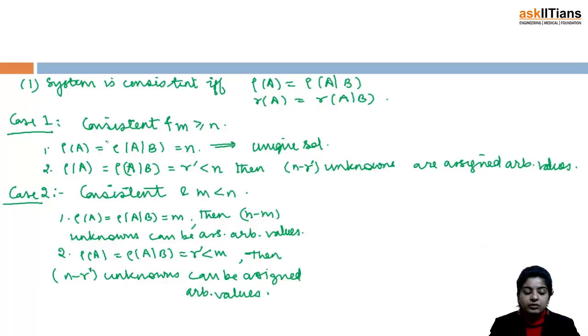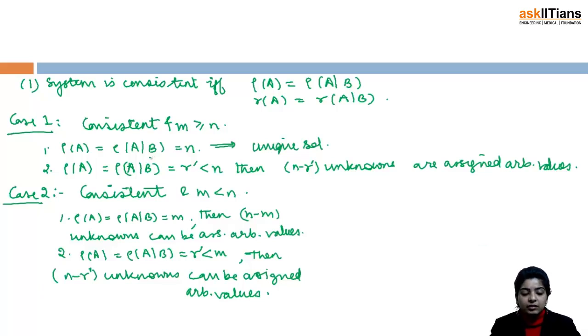Suppose M is greater than N or M can be less than N. Now, if M is greater than N, then first of all we have rank of A is equal to rank of A augmented B is equal to N. In that case, you will have a unique solution. And in case that ranks are equal to some R dash, say, which is less than N, then N minus R dash unknowns can be assigned some arbitrary values.